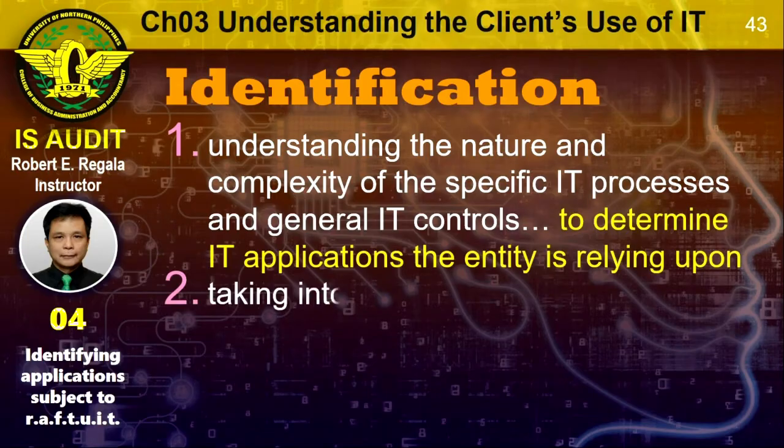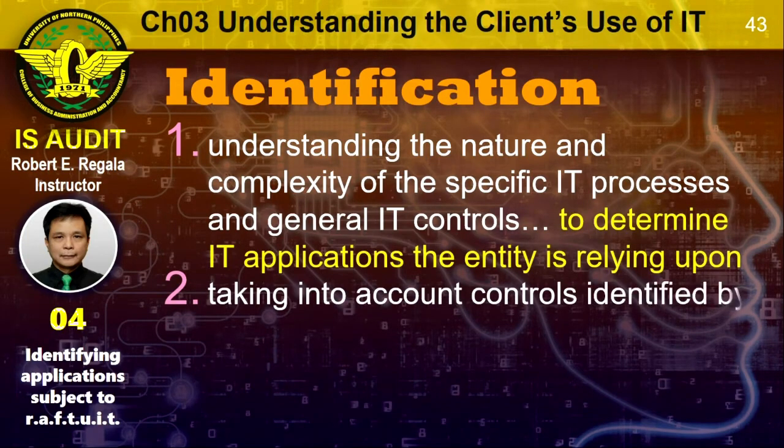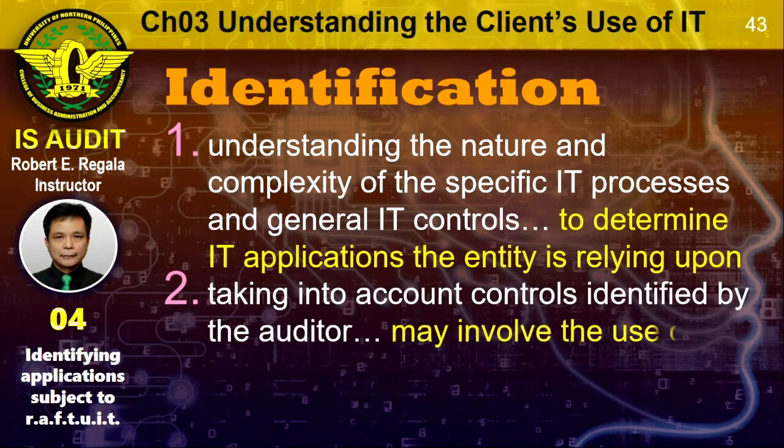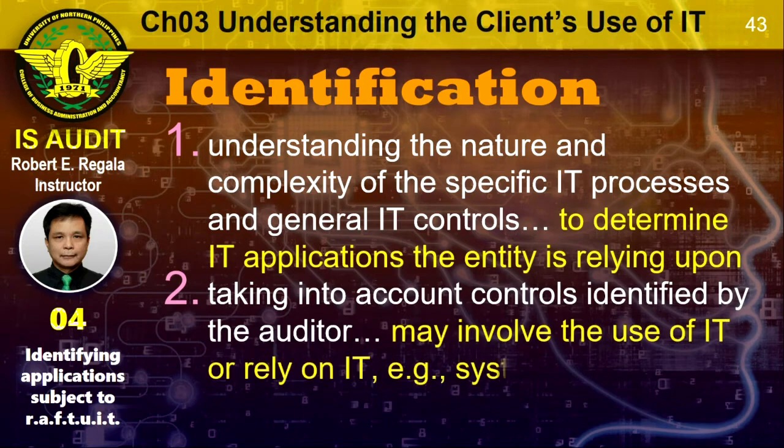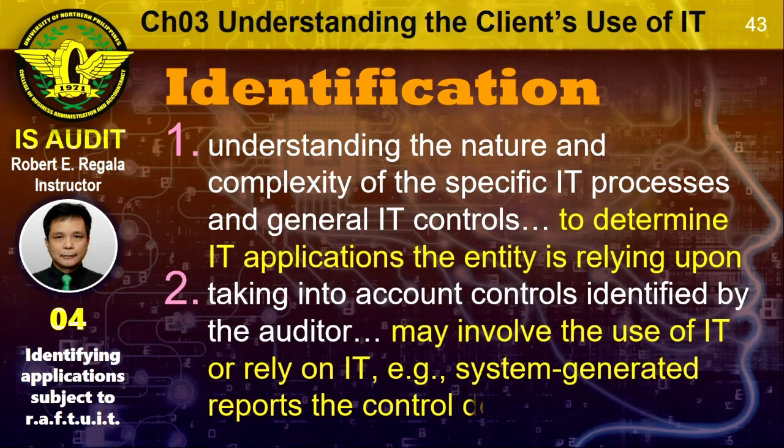Number 2, taking into account controls identified by the auditor because such controls may involve the use of IT or rely on IT. Identifying the IT applications that are subject to risks arising from the use of IT involves taking into account controls identified by the auditor because such controls may involve the use of IT or rely on it.